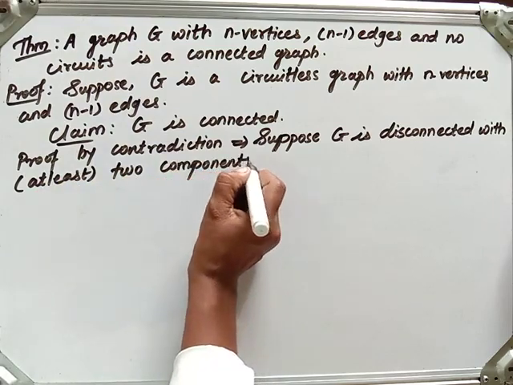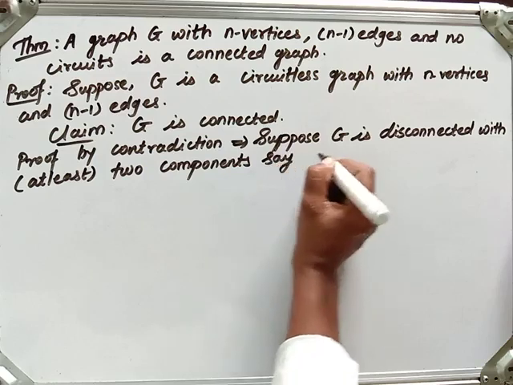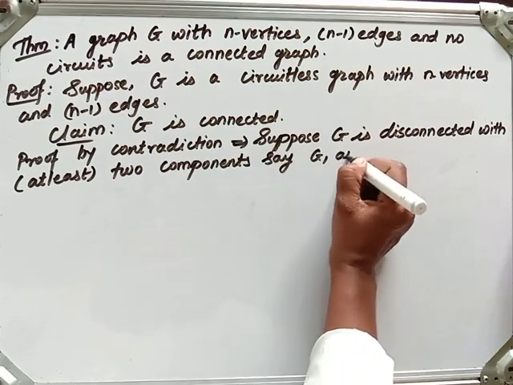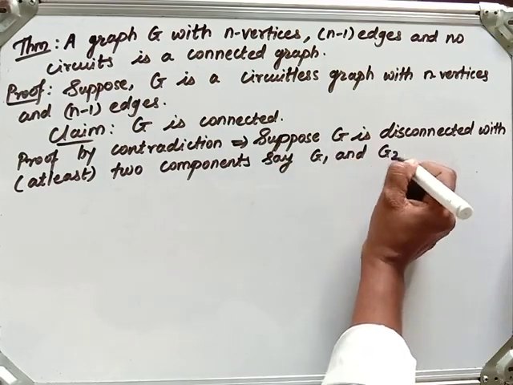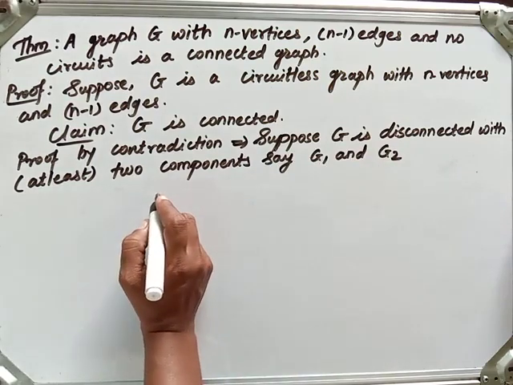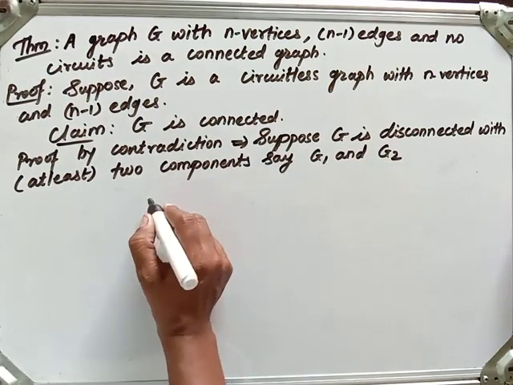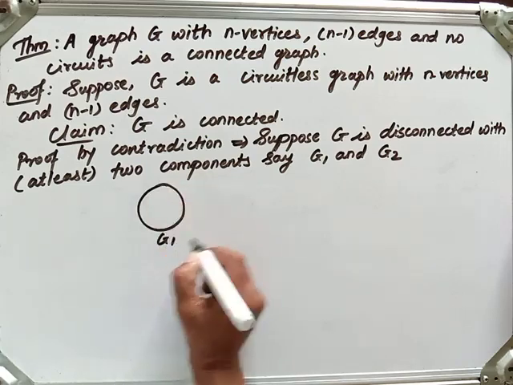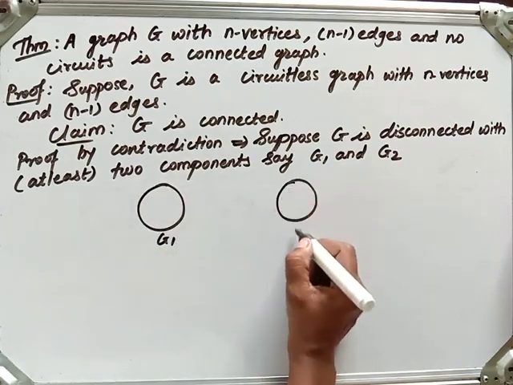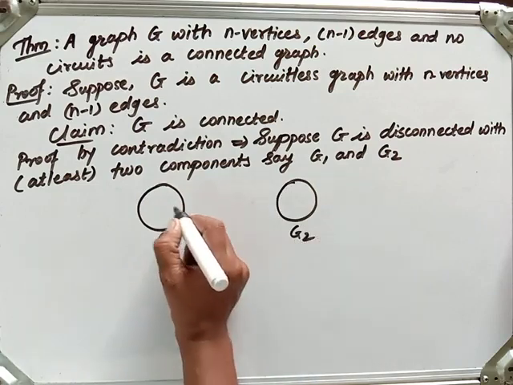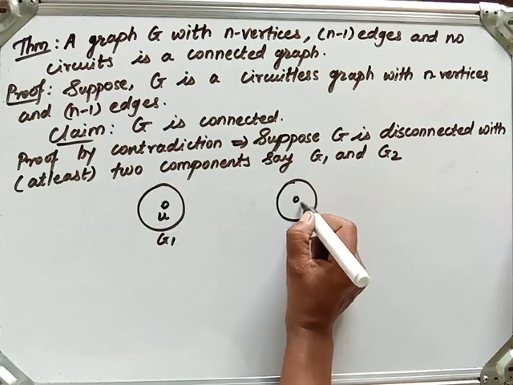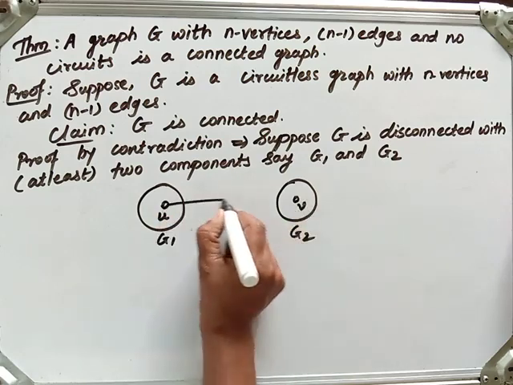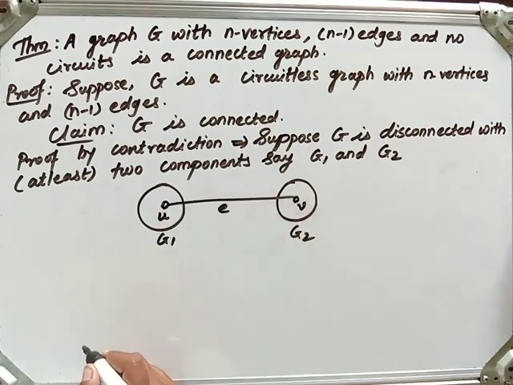With two components, say G1 and G2. Now let me give a figure. Suppose here G1, here suppose G2, and here is a vertex U and here is a vertex V. Okay, and there is an edge between them, suppose E.